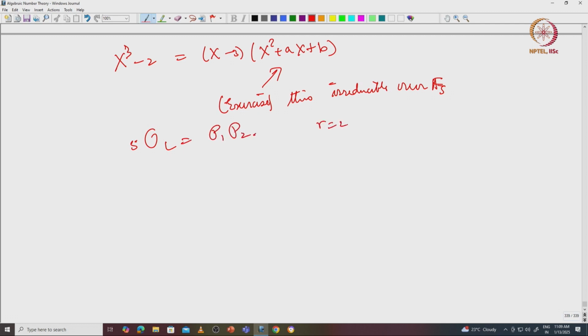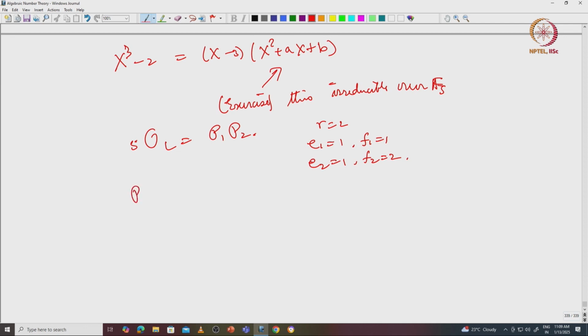So, R is 2, E1 is 1, F1 is 1, E2 is 1 and F2 is 2. Right. So, 1 times 1 plus 1 times 2 is 3. So, you can do such things.